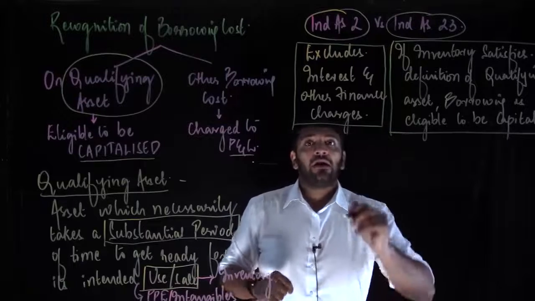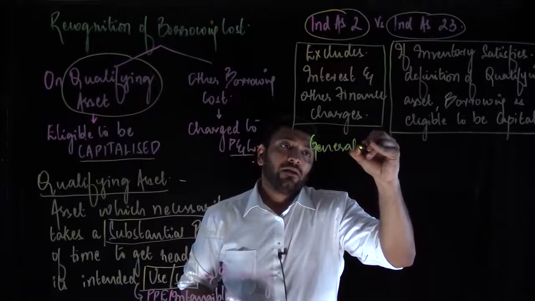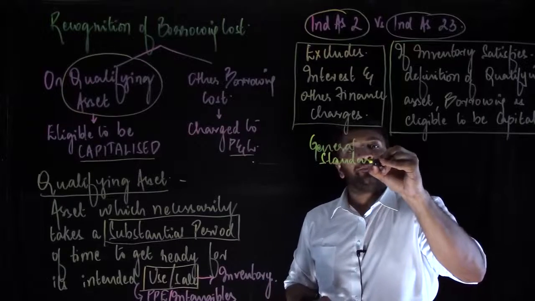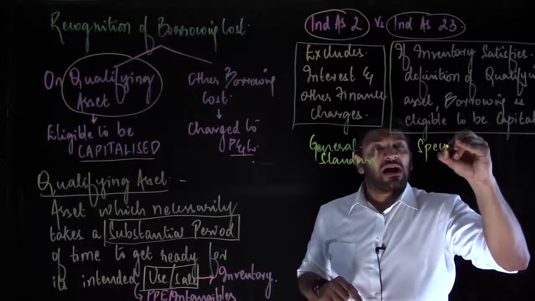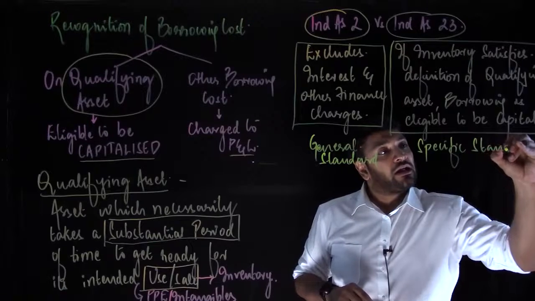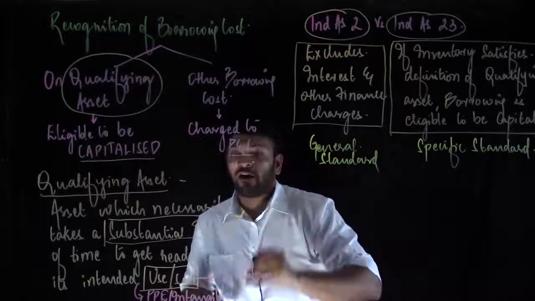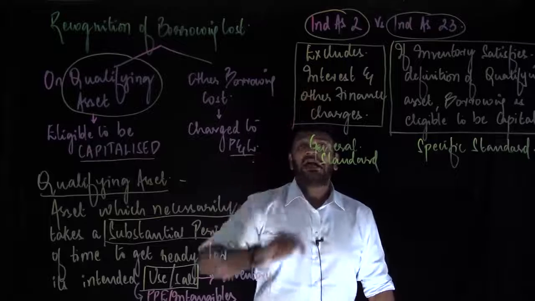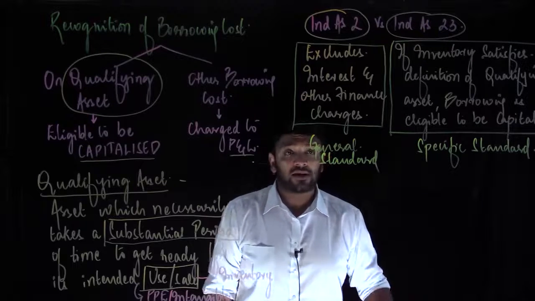That question comes up. I will say that this is a general standard, because it applies to all inventory. But this one I'm talking about is a specific standard. Why is it specific? I'm not talking about every type of inventory. I'm talking about only such inventory which satisfies the definition of qualifying asset. If it satisfies the definition of qualifying asset, then I will make sure that I'm complying with Ind AS 23.